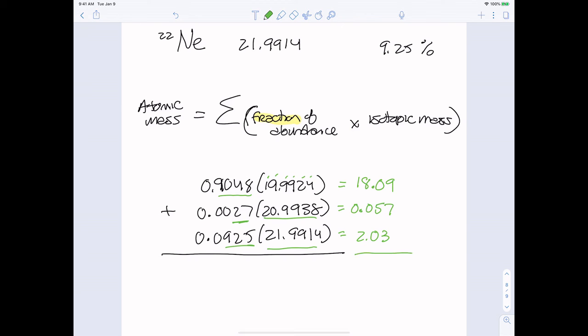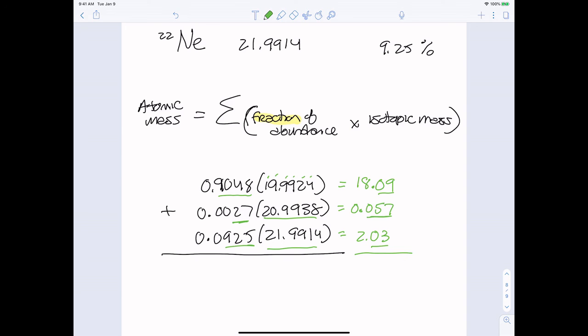Now, when I add these together, our rule is the number of digits after the decimal point. So here I have 2 digits. Here I have 3. That 0 is not significant, but it's still a digit. And then here I have 2. So when I add them together, I want 2 digits after my decimal point.